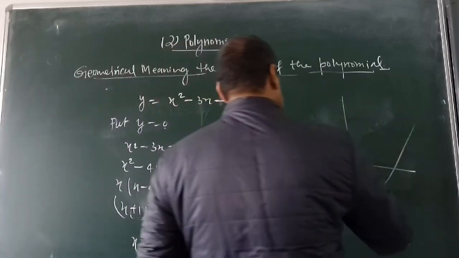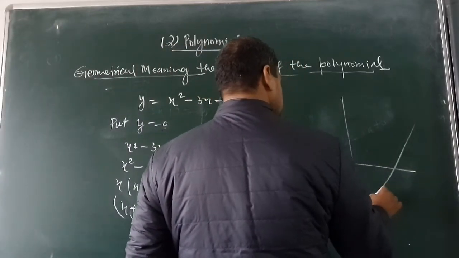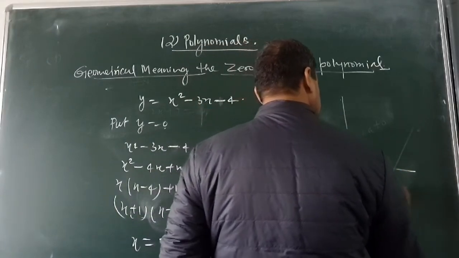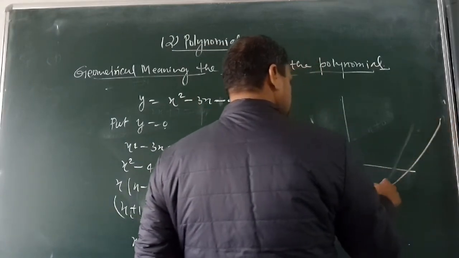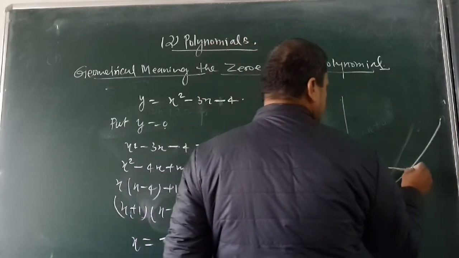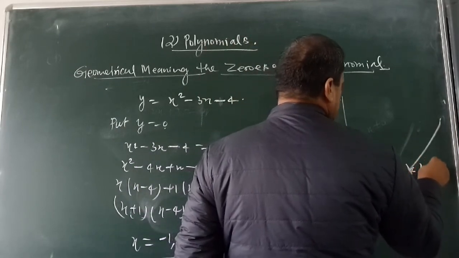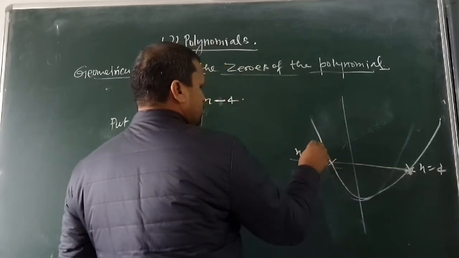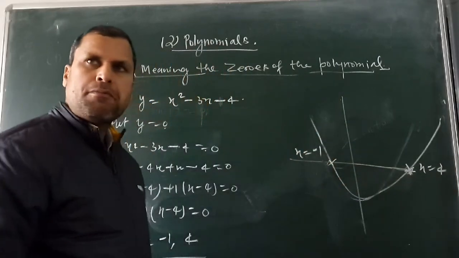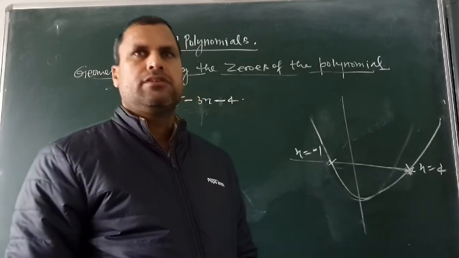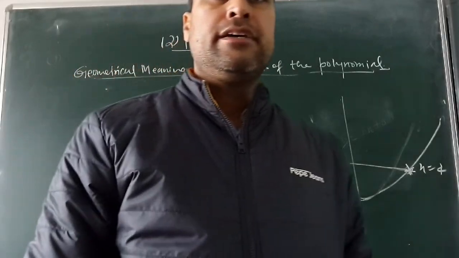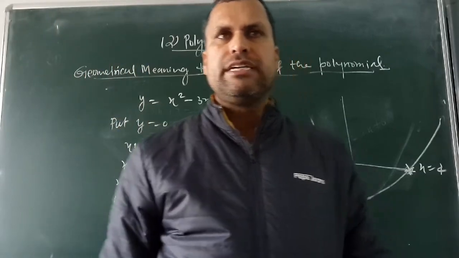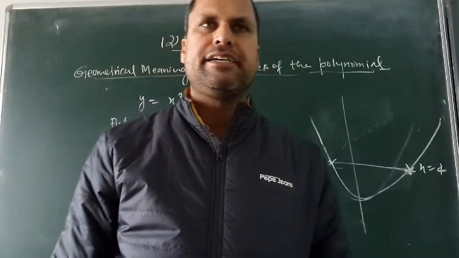That's why the graph of that one has this point x equal to 4 and this point x equal to minus 1. Okay? So the degree of a quadratic equation is 2. So there are two zeros of the quadratic equation.